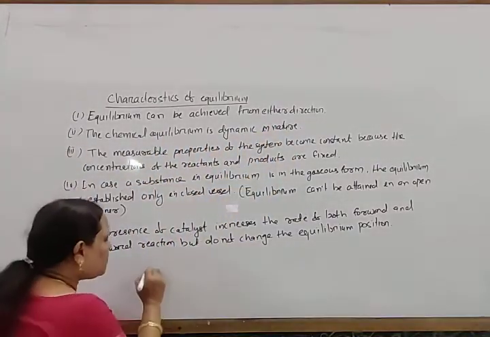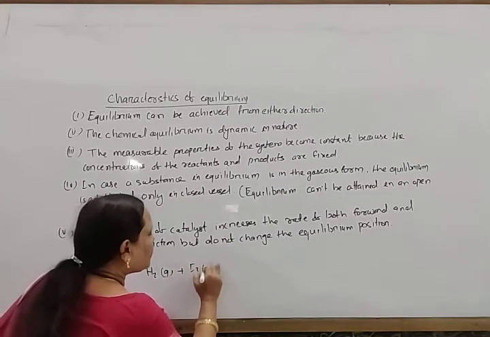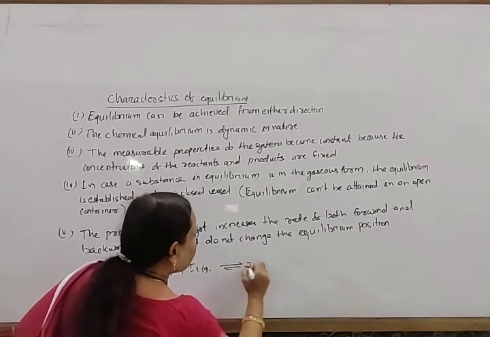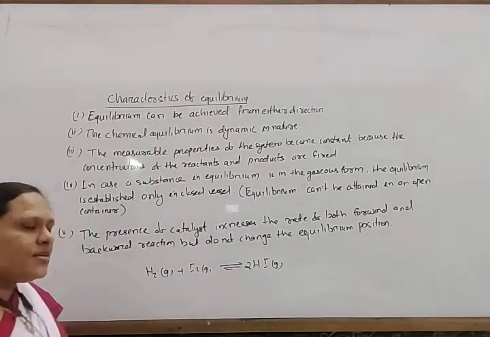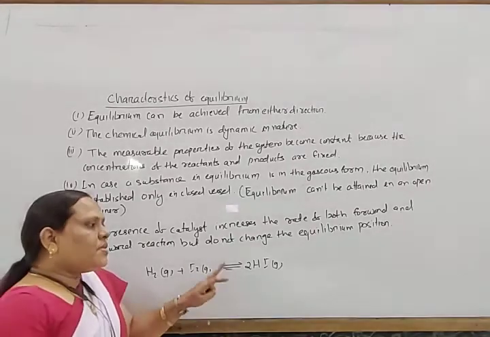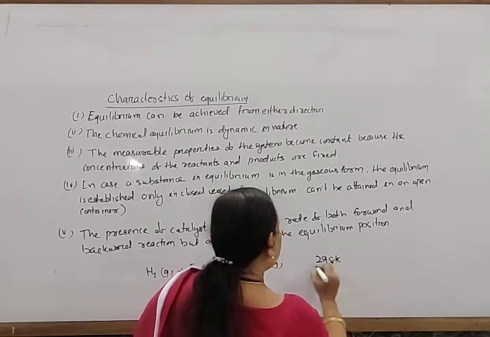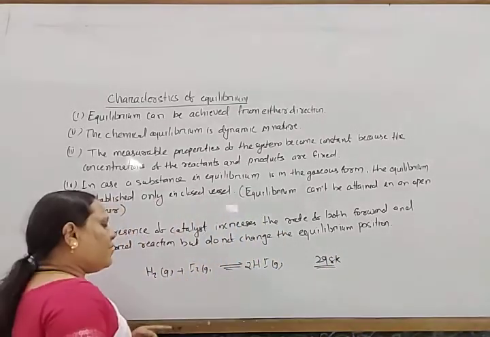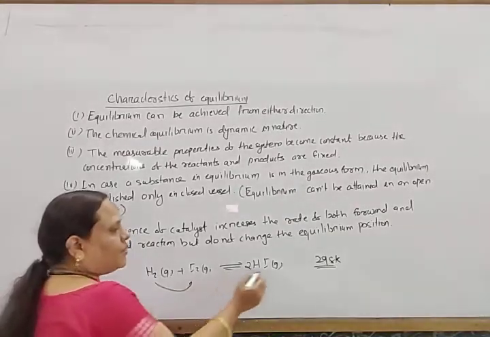That means, suppose H2 gas plus I2 gas give rise to 2HI gas, and suppose the equilibrium is achieved at 298 Kelvin, then either you start from H2 or I2 at 298.